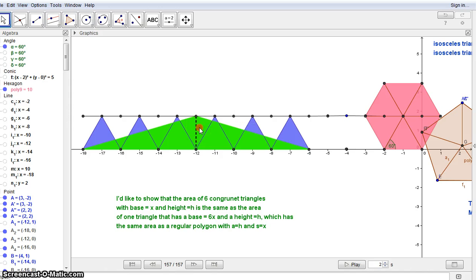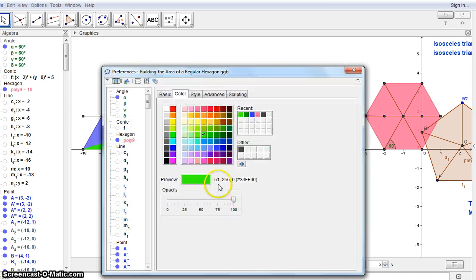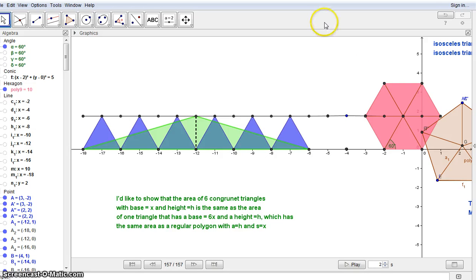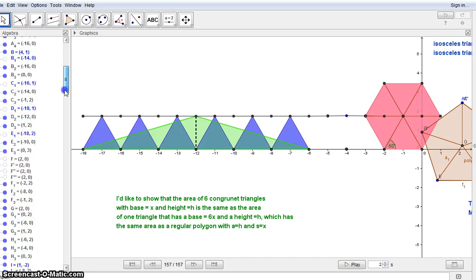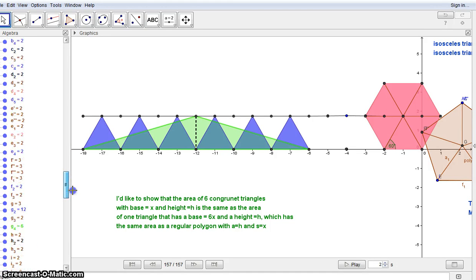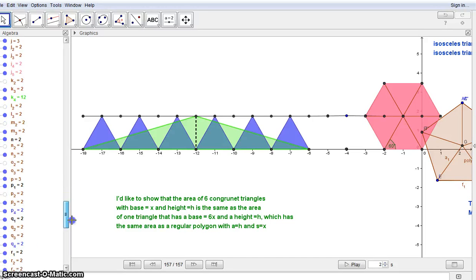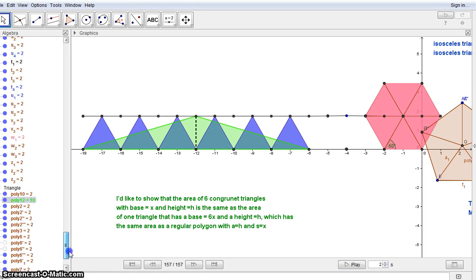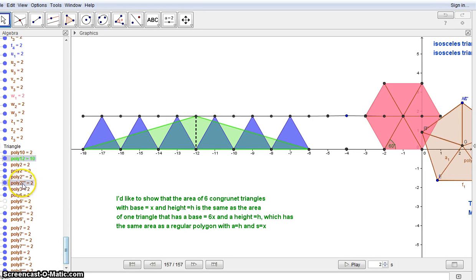Maybe if it were less opaque. How's that? And let's see if it has area 10, like the other two figures. Here it is. Polygon 10.